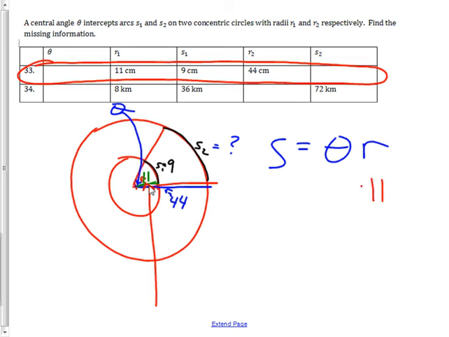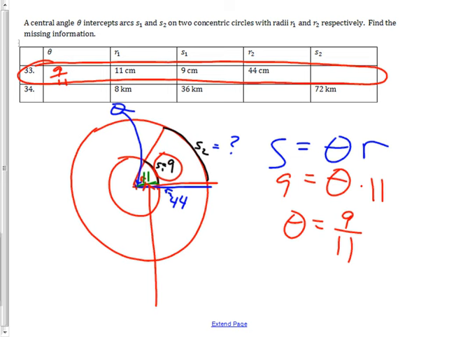Do I know theta? No, they didn't tell me that. So I'm going to figure out theta. Do I know my S that goes with that? Yes, this is the S that goes with that. So 9 equals theta times 11. So what's theta? Divide both sides by 11: 9/11. So therefore, theta is 9/11.